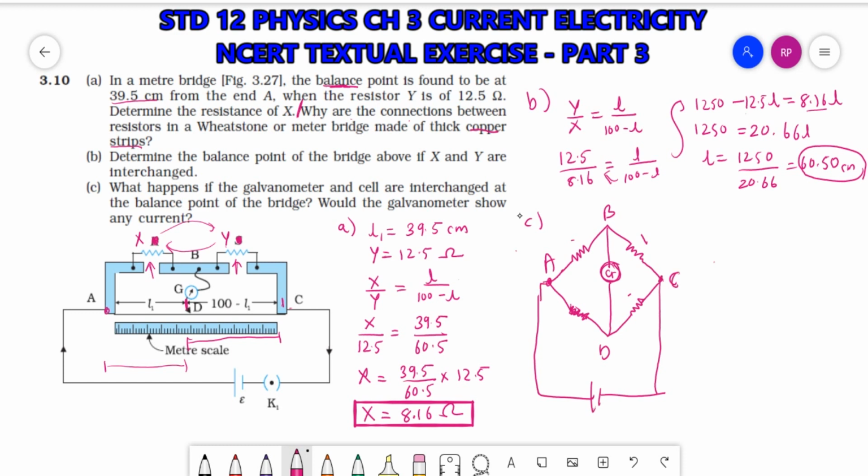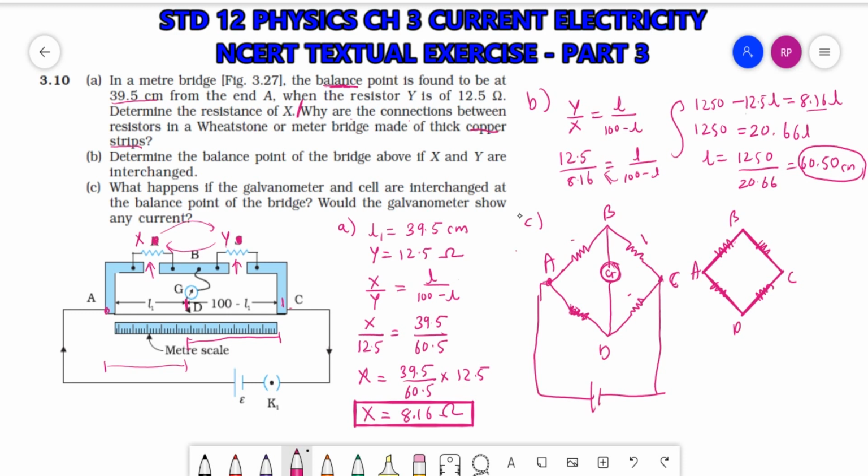So now, just interchanging means, the figure once again: A, B, C, D. Resistance between AB, BC, AD, and CD.